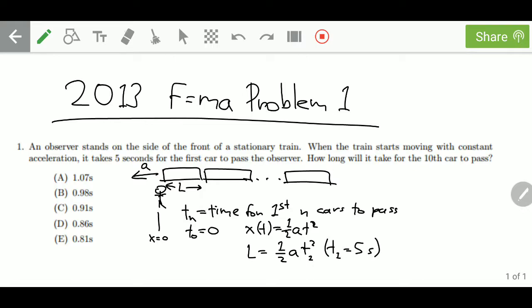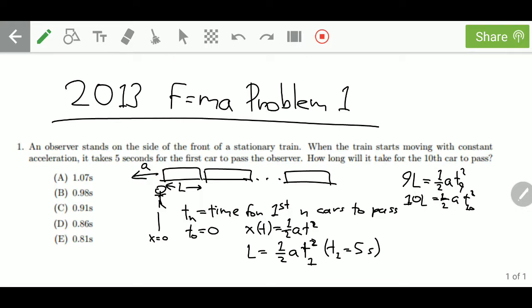I should clarify that this is a 1 and not a 2. There. And now we know that in a similar vein, 9L, the length of the first 9 cars to pass, will be 1/2 a times t9 squared, and that 10L will be 1/2 a times t10 squared.